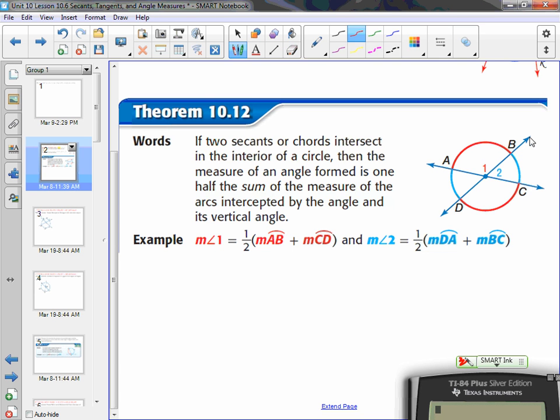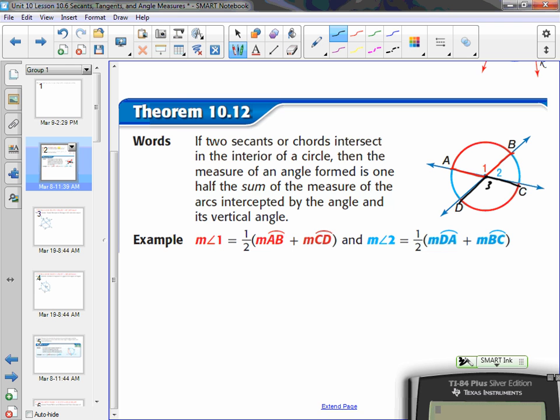It's like this. See angle 1 in the drawing? Angle 1 is formed when those two secants intersect, isn't it? See the vertical angle to angle 1 in the drawing. I'll call it angle 3, just to have something to call it. This theorem is saying that the measure of angle 1 is half the sum of the arcs intercepted by angle 1 and by angle 3.